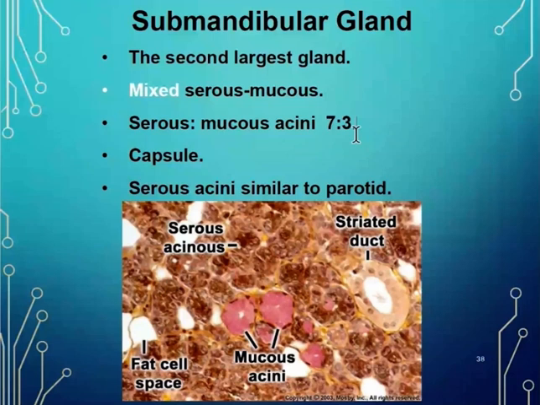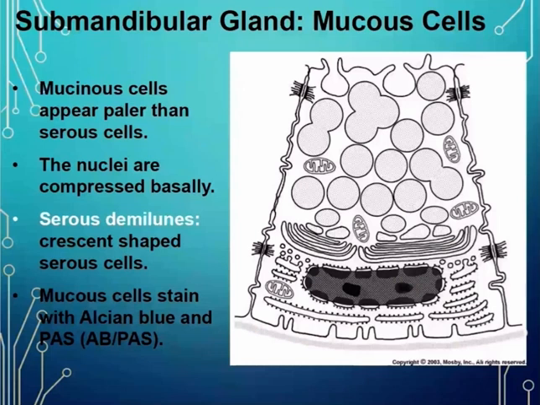The serous acini are similar to the parotid, as we've said, plus the mucus cells. Now what is different about mucus cells? The collections of mucus acini in the submandibular gland are distinguished from the rest of the gland.